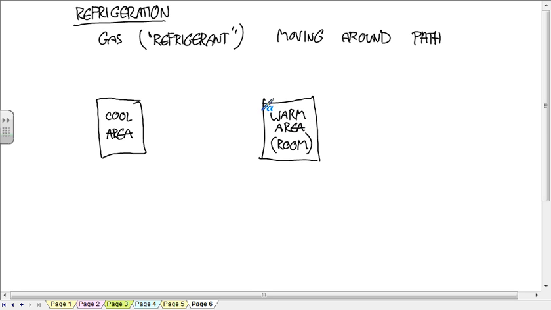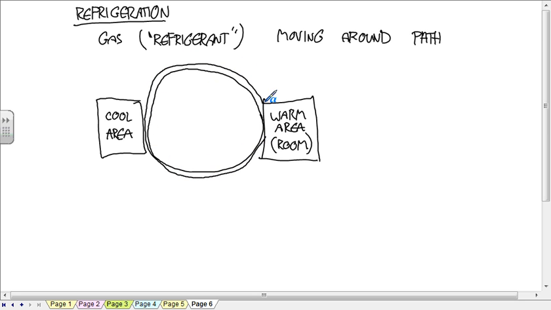You have your refrigerant moving around a cycle like this. Here's the hard thing about this: you're trying to get this refrigerant to pull energy out of the cool area and then reject energy to the warm area. Well, that goes against the way calorimetry works, so that takes a little bit of doing.